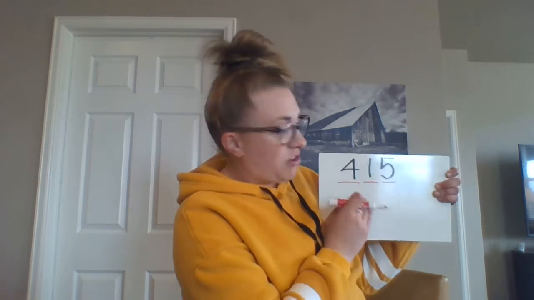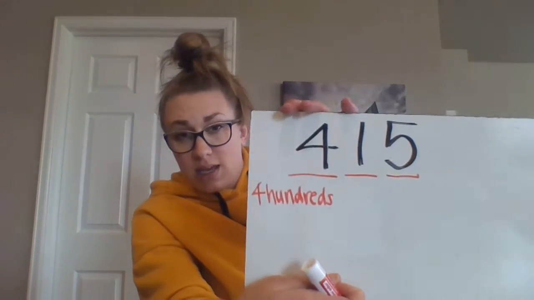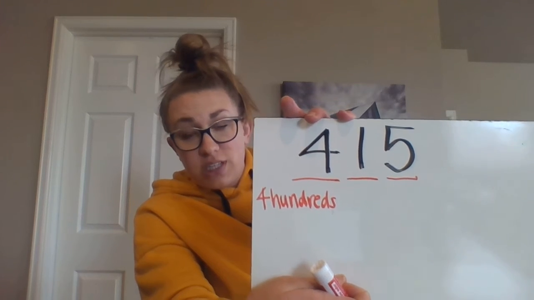Now let's think about what the value is actually showing us, because it's not just 415, right? This isn't just a 4. Like we said, it's in the hundreds place. So this means, sorry, I'm turning the board this way. I'm literally writing out 4 hundreds using the word. I can call this 4 hundreds. I can also just call it 400.